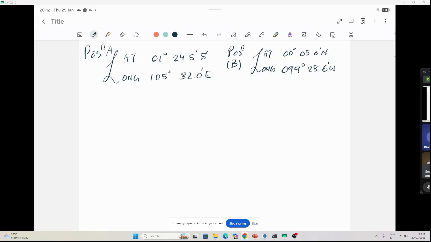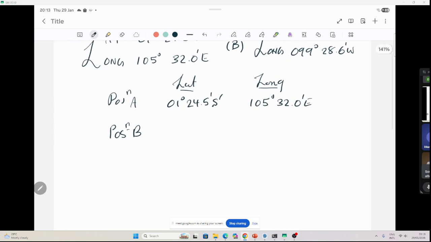All right. So let's start. As I told you, if you can remember, you write it like this. I gave you a standard format. If you want, you can use this format. So the latitude here, the longitude here, and position A 01 degrees 24.5 minutes south, and the longitude is 105 degrees 32.0 minutes east.